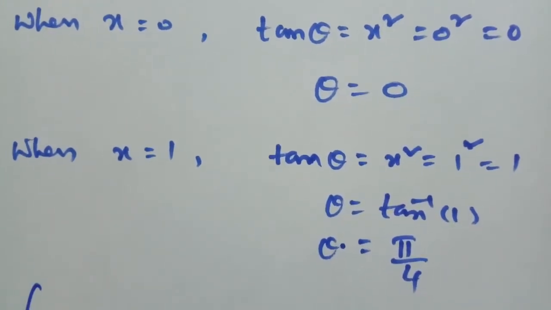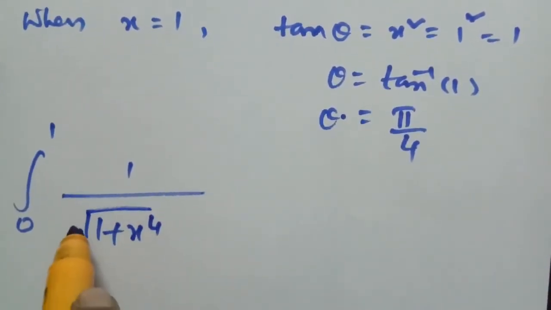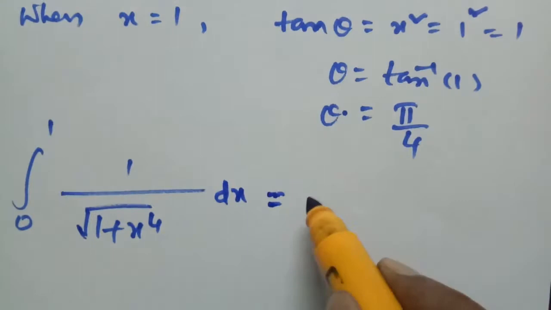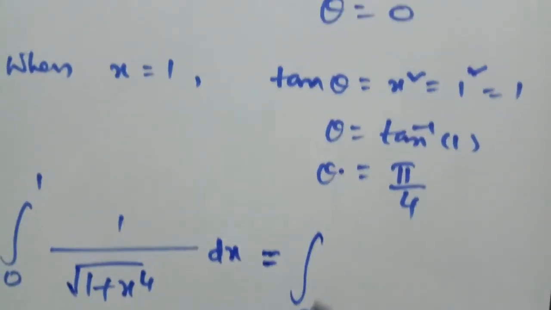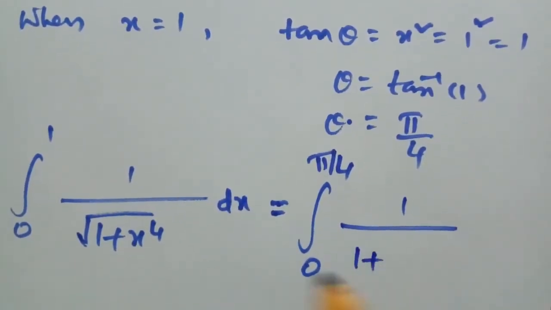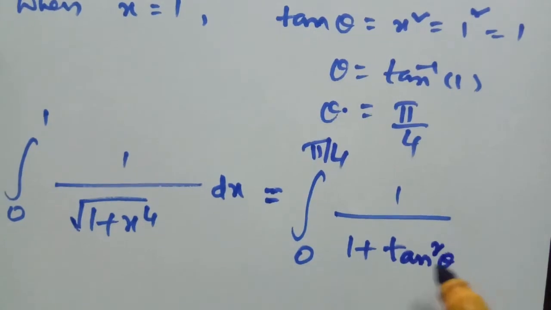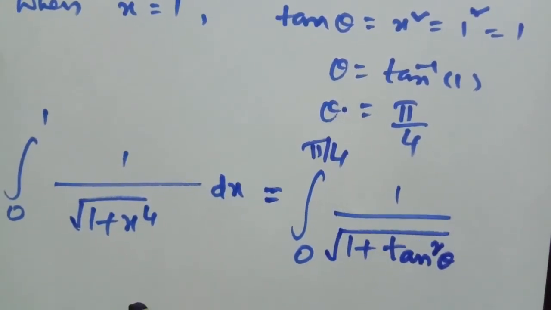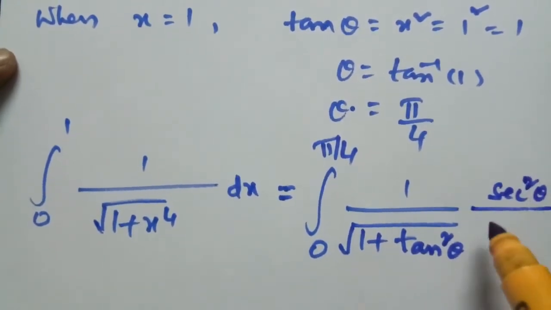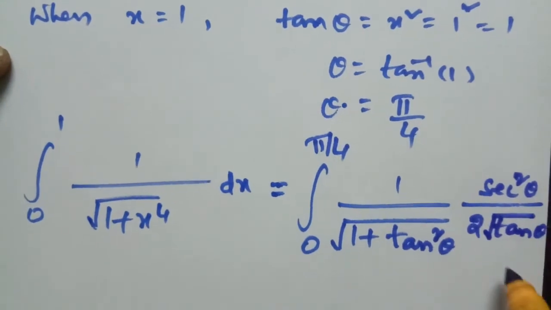Therefore the given integration, the integral from 0 to 1 of 1 by root of 1 plus x to the power of 4 into dx, becomes the integral from theta 0 to pi by 4 of 1 by root of 1 plus x square whole square, that is x square is tan theta, so tan square theta, into the dx value, that is secant square theta by 2 into root of tan theta into d theta.